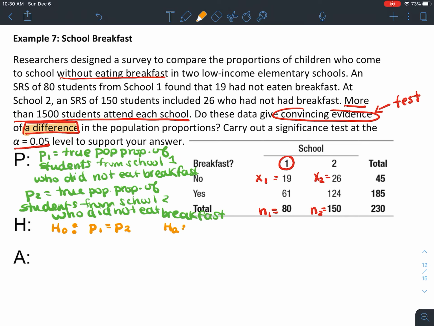The alternative, this is where we want to come back up here and look, it's saying, is there a difference? It doesn't indicate anywhere that I read that one school is expected to have a larger proportion who are not eating breakfast than another. So we're just going to use a does not equal to sign. This will be a two-tailed significance test. And we want to state what the alpha level is, 0.05.